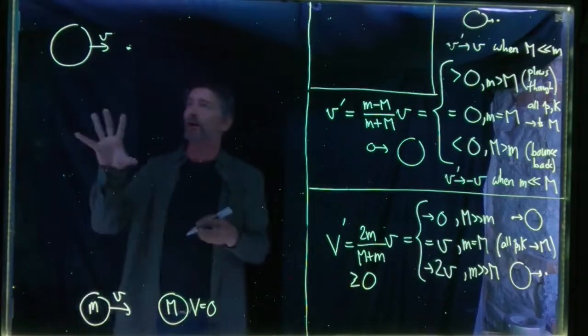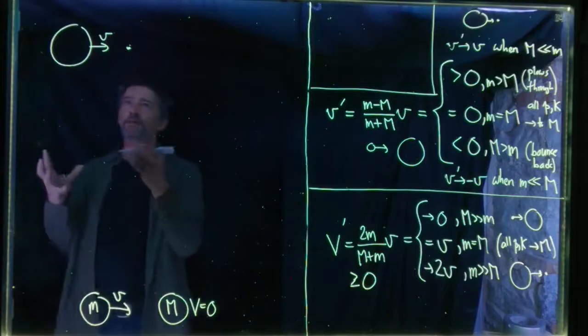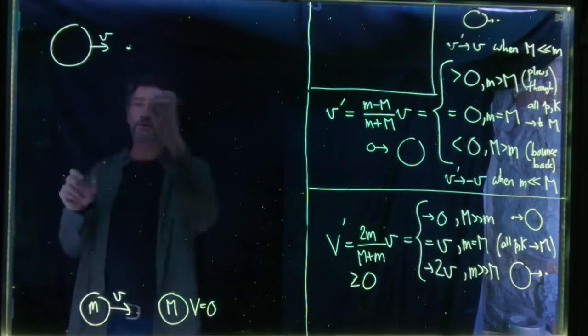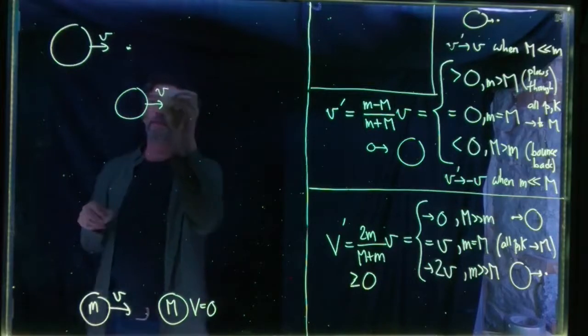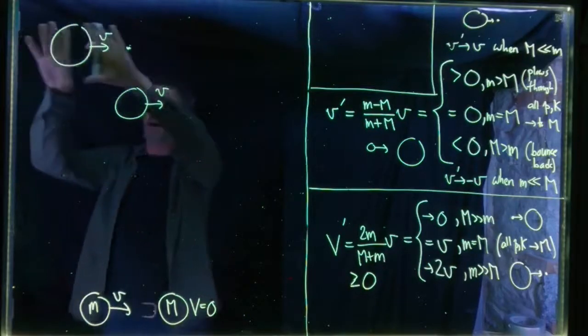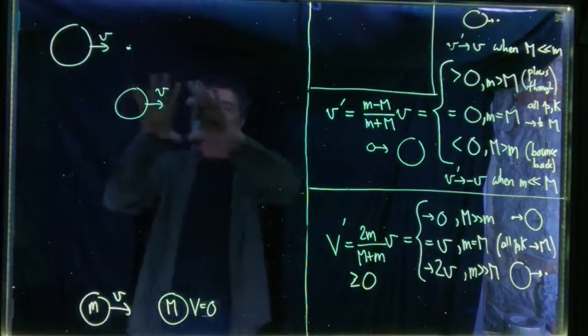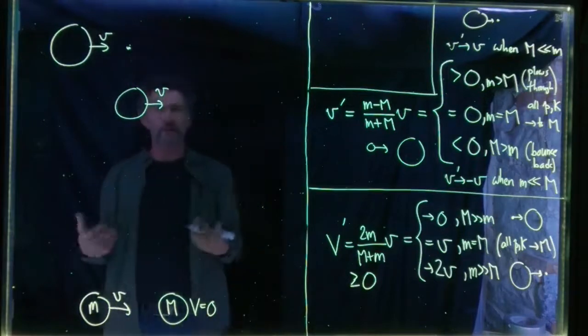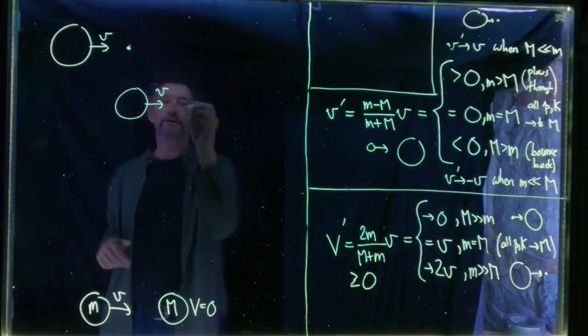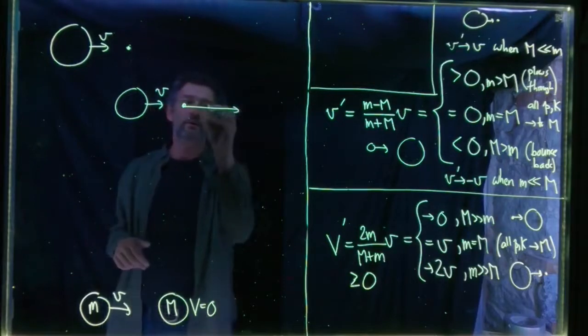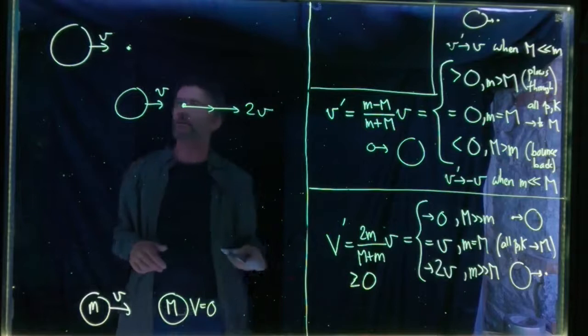Now, what we're trying to understand is, it's obvious why this large mass basically continues to move with the same velocity after the collision. It's not so obvious why this mass after the collision has twice v. Okay, so why is that?